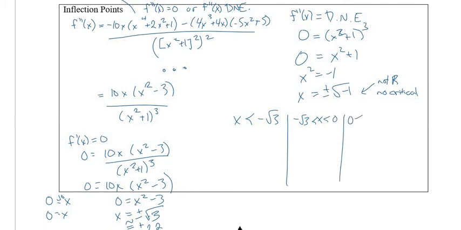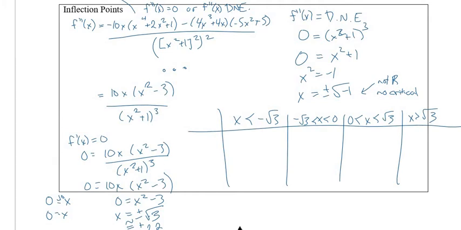We could have anything between 0 and root 3. And then anything to the right of root 3. And let's take a look at all of our factors. In this one, we had 10x, x squared minus 3, and then we had x squared plus 1 to the power of 3.